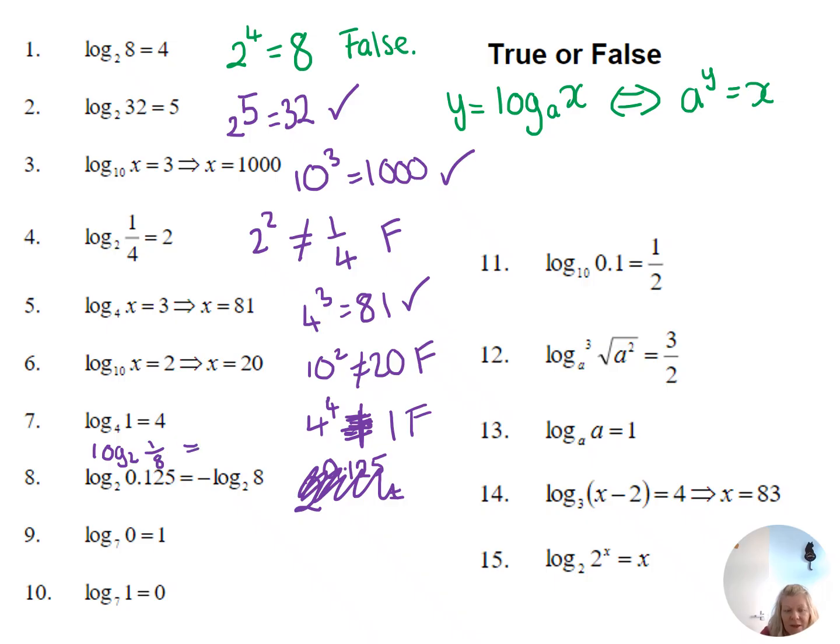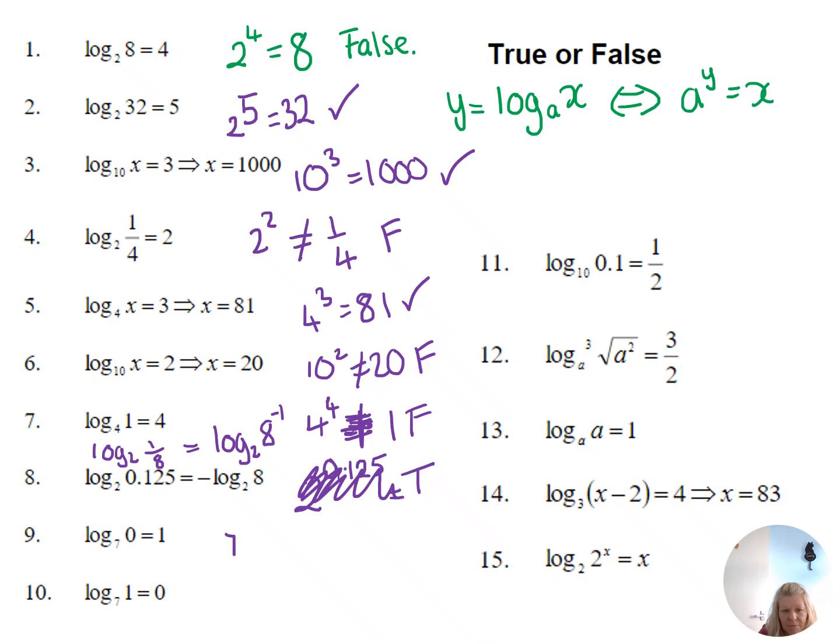And if you've learnt anything from the homework on logs, if you have a number before a log, you can put it up as a power. So well done if you remembered that. That's like 8 to the power minus 1, and 8 to the power minus 1 is an eighth. So that one was also true.